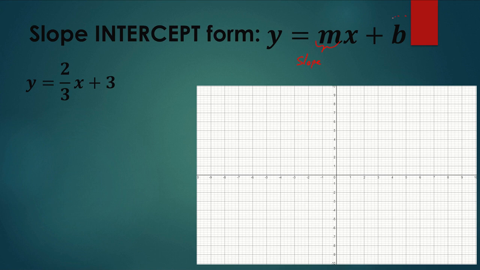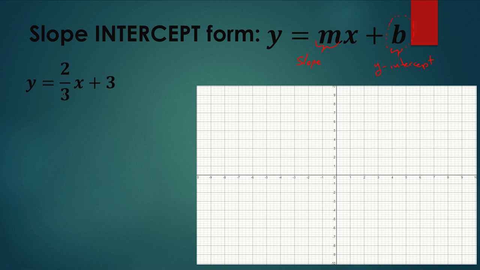And the B, even though it has plus B, can be negative or positive, right? That's its general form. And that B represents the y-intercept. And remember, the y-intercept is wherever the equation crosses the y-axis, okay?